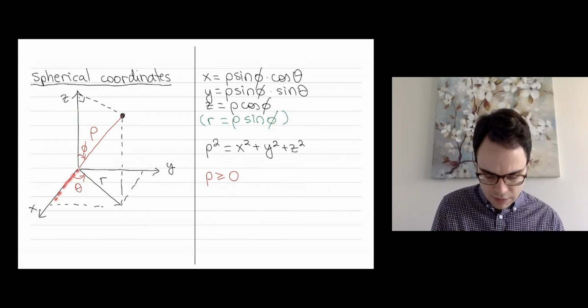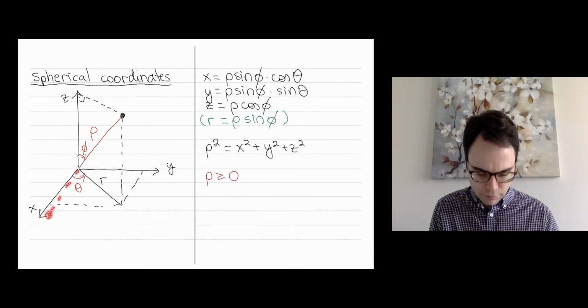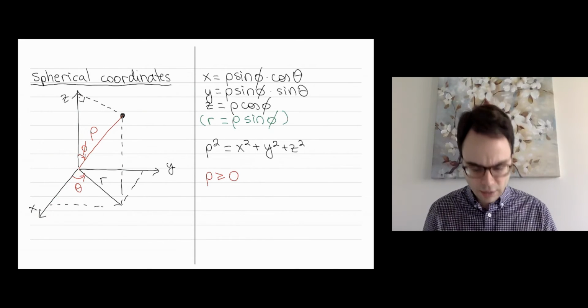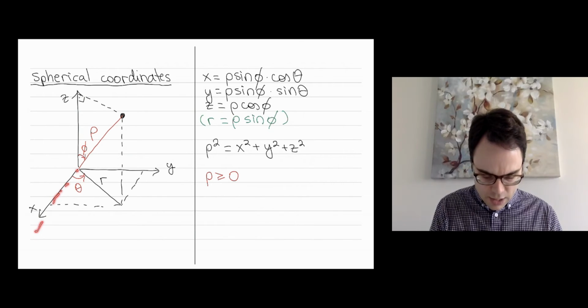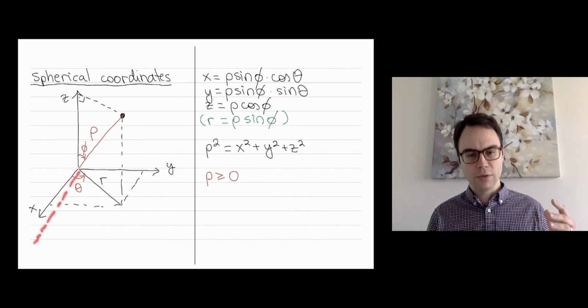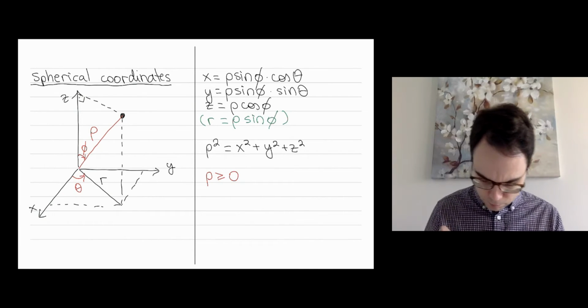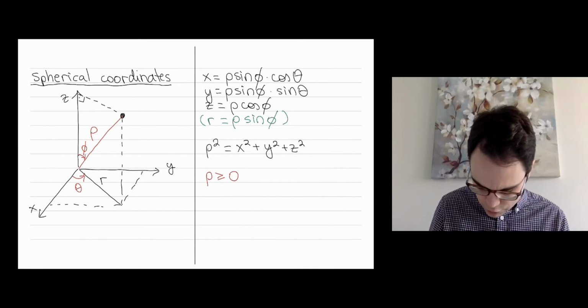In theory, you could maybe think that if I have a point in the back over here, I could specify this angle and that angle, and then say you go backwards from the origin. But we're not going to do that. If I want to reach a point at the back, what I'm going to do is increase these angles until I'm pointing in the direction of that point, and then move a rho amount in that direction until I get the desired point. So that's the first convention.